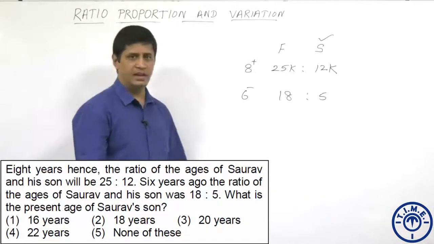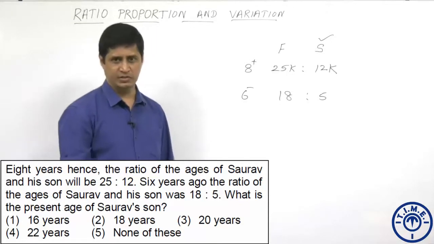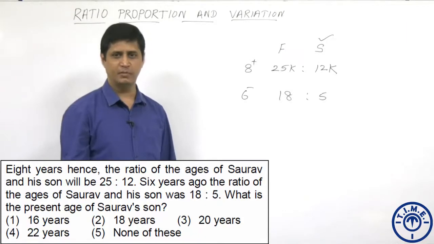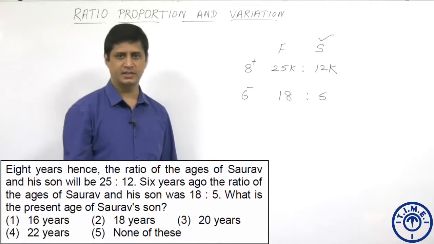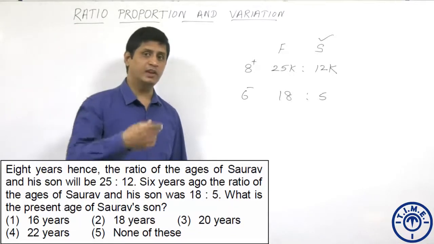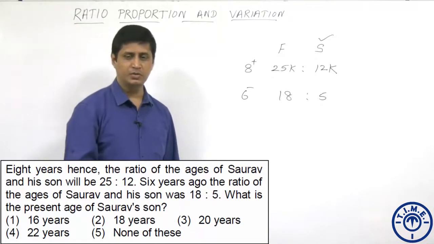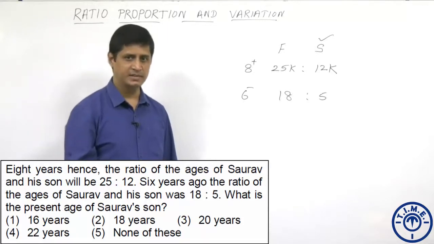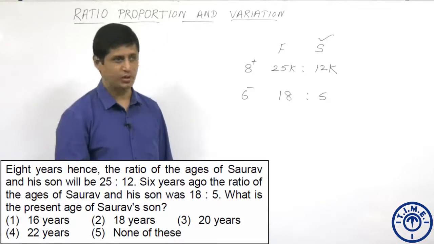Now let us take my age today. Say after 8 years it is 25 years. Then 25 plus 8 will be 33. Now after 8 years, 33 means what is my present age? 33 minus 8 results 25.